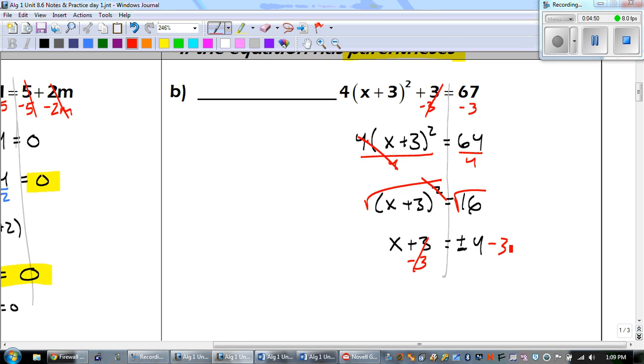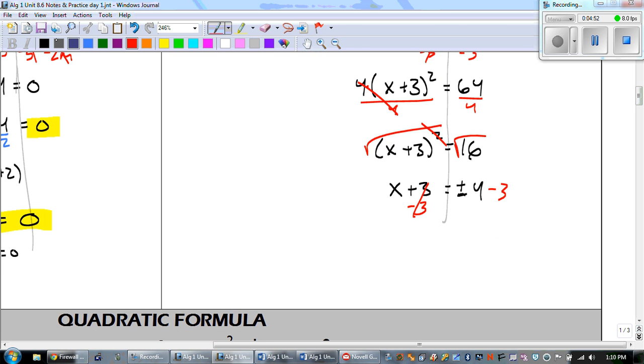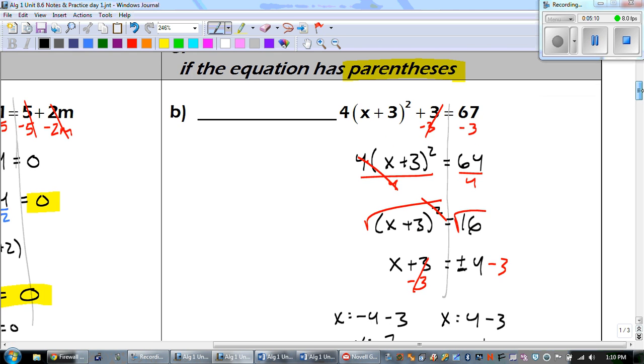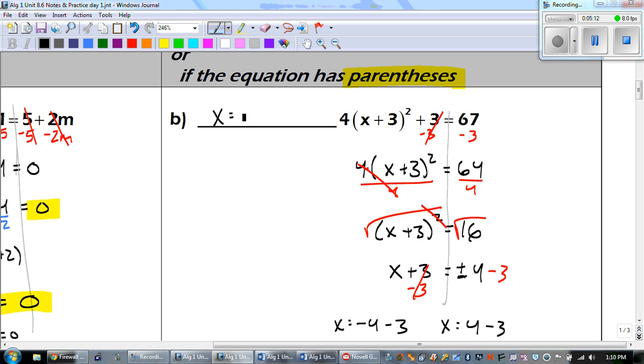I'm going to subtract 3 over here. And then I have -4 minus 3 and +4 minus 3, and that's where we get -7 and 1. Okay, and then I'm just going to write that down on the line. X equals -7 and 1.